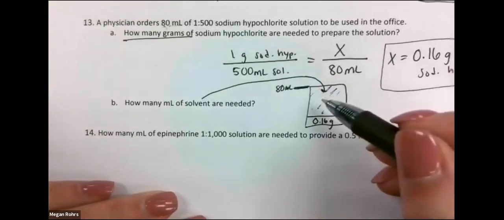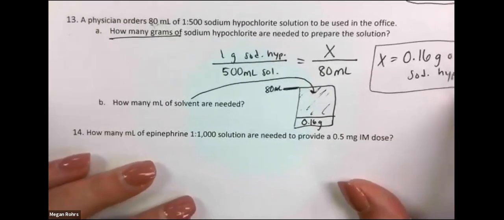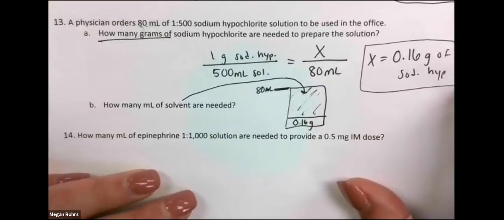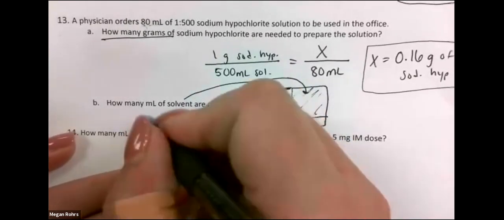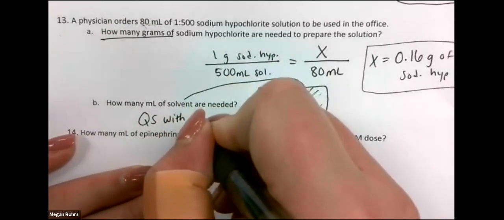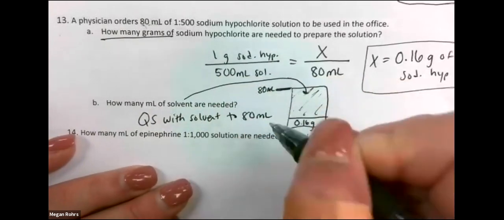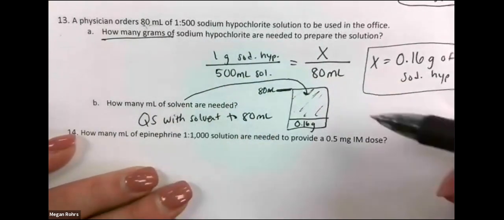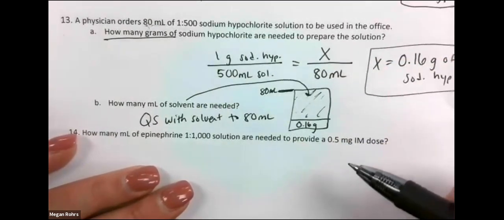So we cannot determine this amount of solvent. So in those situations, we always use QS, so quantity sufficient. So we're going to say QS with solvent to 80 mils. That means we're going to add enough solvent to get us up to that final volume of 80 mils.